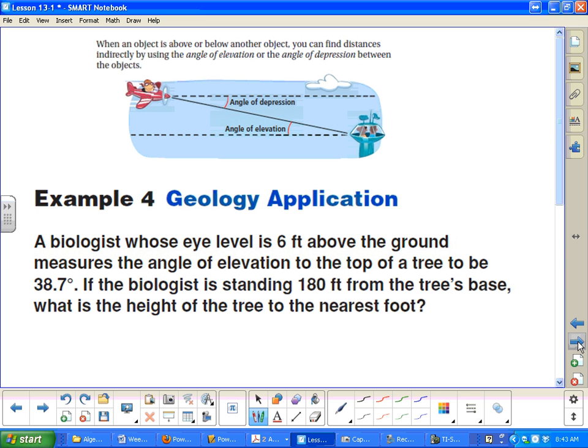If I look out along the horizontal and then look down, it forms an angle of depression. So the angle of elevation is formed by looking out and up from the horizontal. The angle of depression is formed by looking out along the horizontal and then looking down.